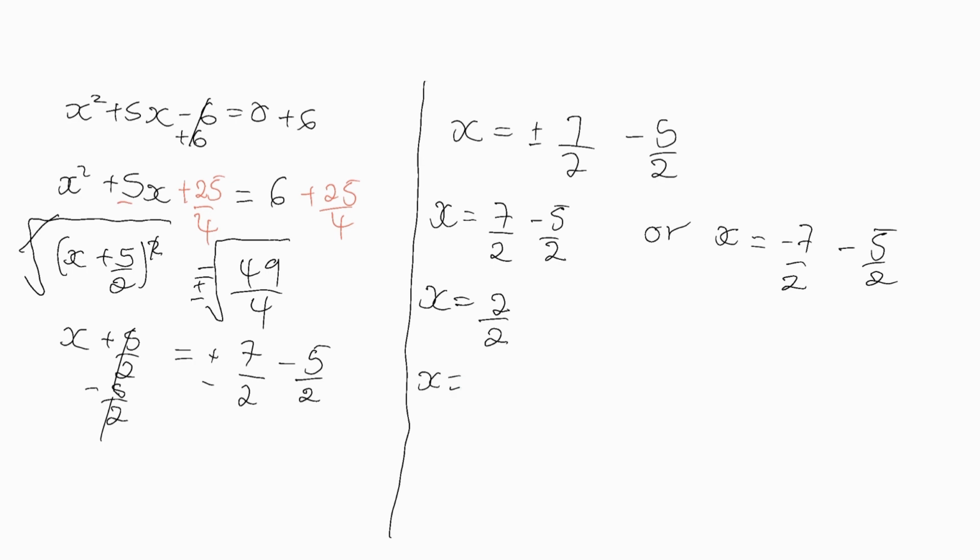Therefore, x is equal to 2 over 2 is equal to 1. Or x is equal to negative 7 minus 5, that is equal to negative 12 over 2. So x is equal to negative 12 over 2 is equal to negative 6.